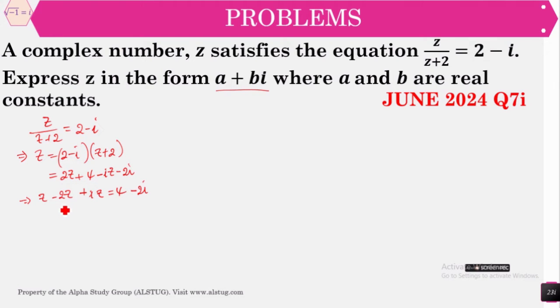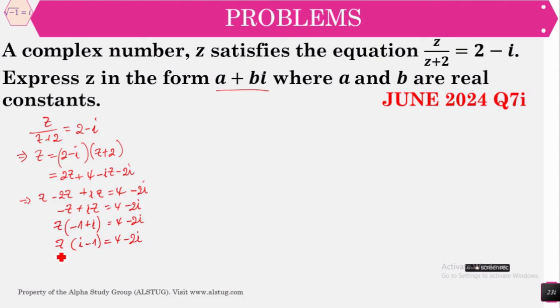Now from here, z minus 2z will end up with negative z plus iz to be equal to 4 minus 2i. Here we can factor out z. So if we factor out z, we'll be left with negative 1 plus i equals 4 minus 2i. Now, I don't like having negatives in first place, like you see in this negative 1. So I'm going to rearrange it into i minus 1 to be equal to 4 minus 2i.